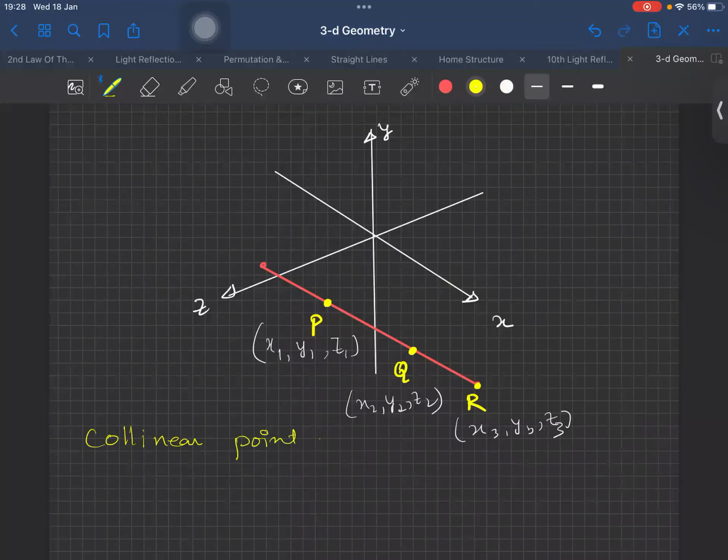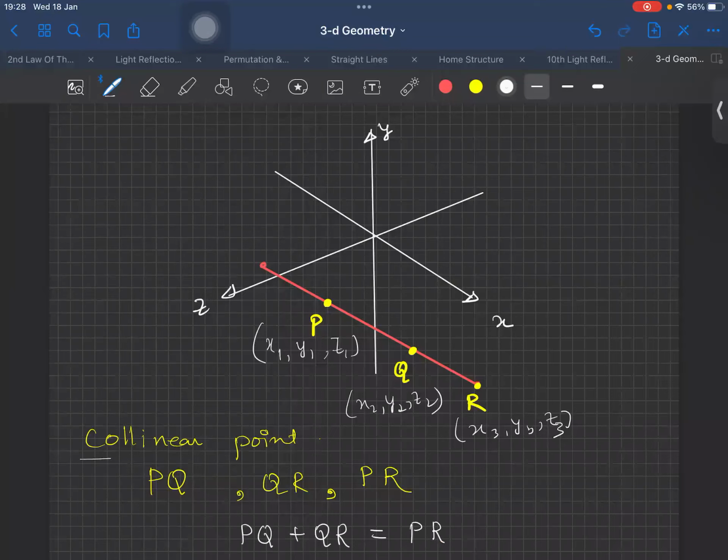First you find PQ, then QR, then PR. If the sum of any two equals the third one, then we say the points are collinear. We don't know where P, Q and R are, but only in this case PQ plus QR will be equal to PR.